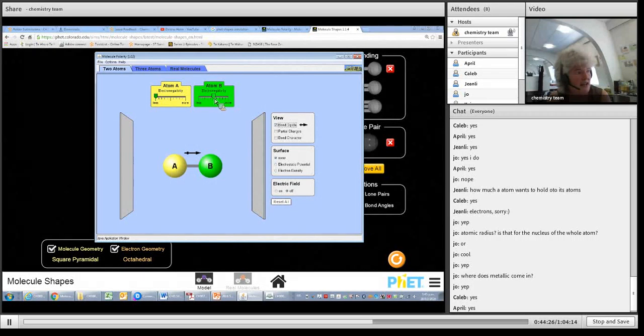As I make it more and more electronegative, notice how the size of that dipole gets bigger and bigger. It's getting a stronger separation of charge. This end is becoming more positive, and this one's becoming more negative. And if I make them both the same, notice there's no difference. We've now got something that's non-polar. There's no separation of charge, there's no pole, so it's non-polar.